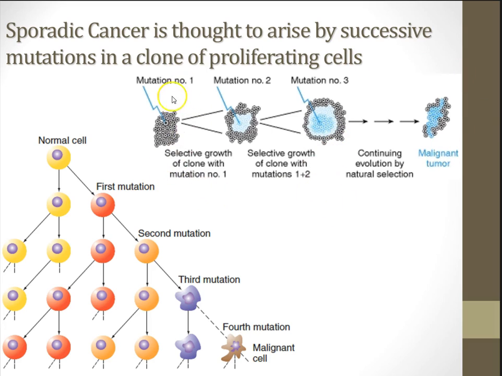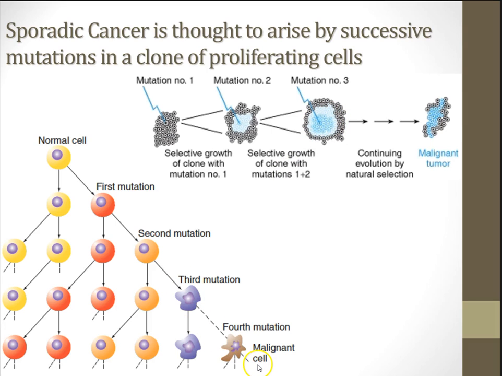So we start with mutation 1, which may give some selective growth potential. Then we acquire mutation 2 that also now gives an additional growth potential. Then we have mutation 3, and so within each subset we start to see a new colony of clones that have accumulated different mutations and are passing those on to the daughter cells.